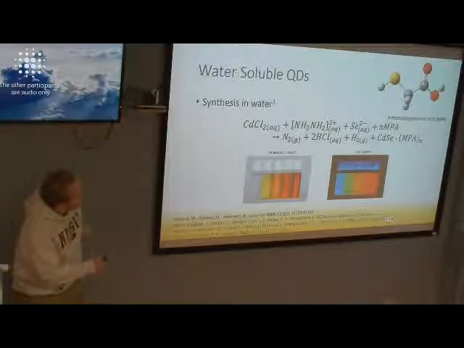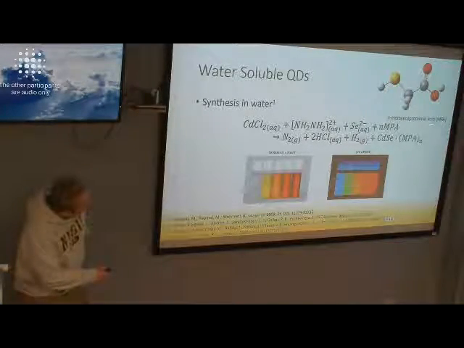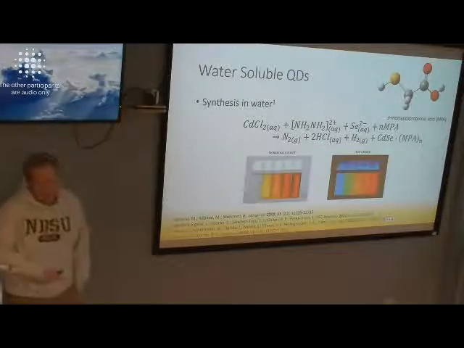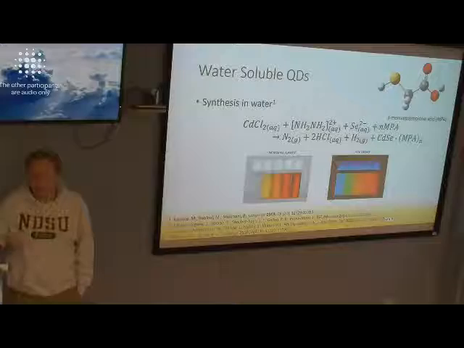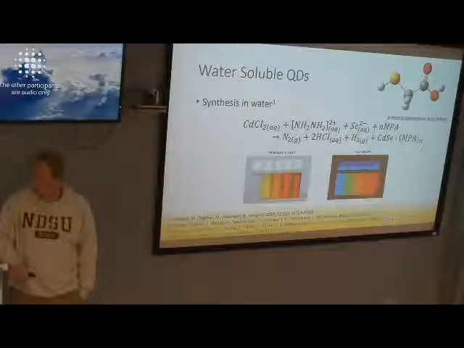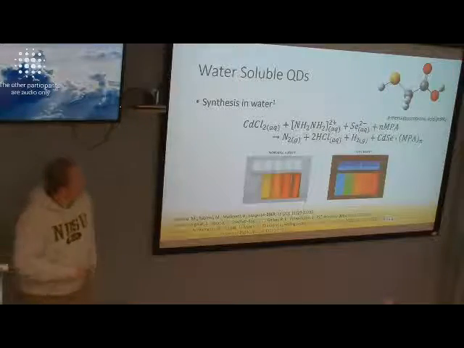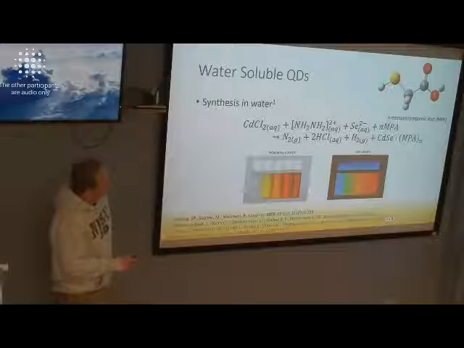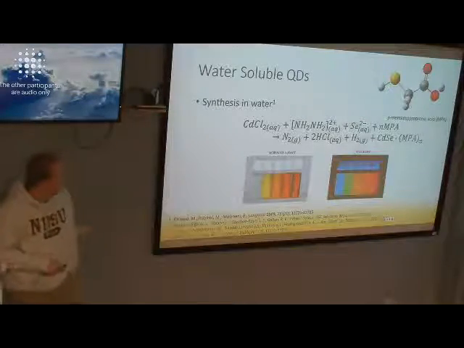This ligand here, which is MPA, is covering the surface of the quantum dot right away because it is in the solution with water. Another thing I'll talk about later is why these have the two functional groups at the end.